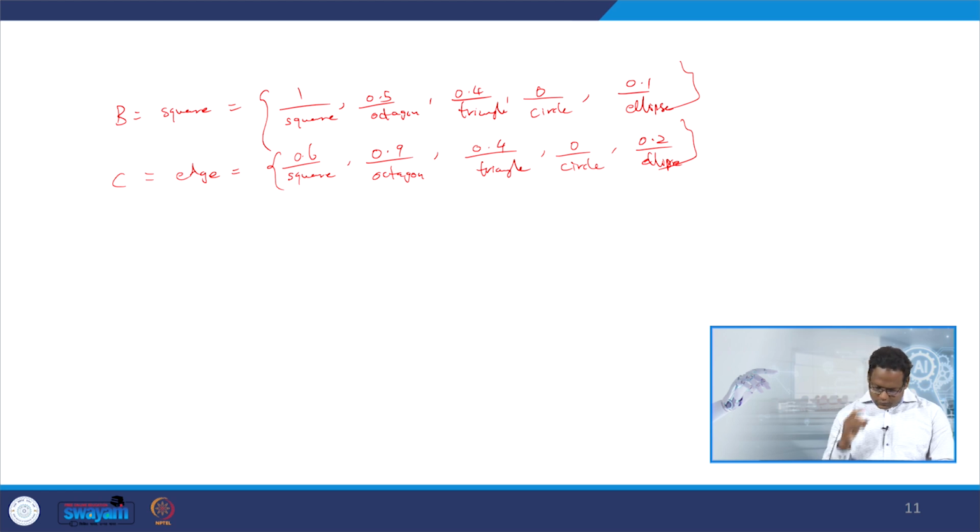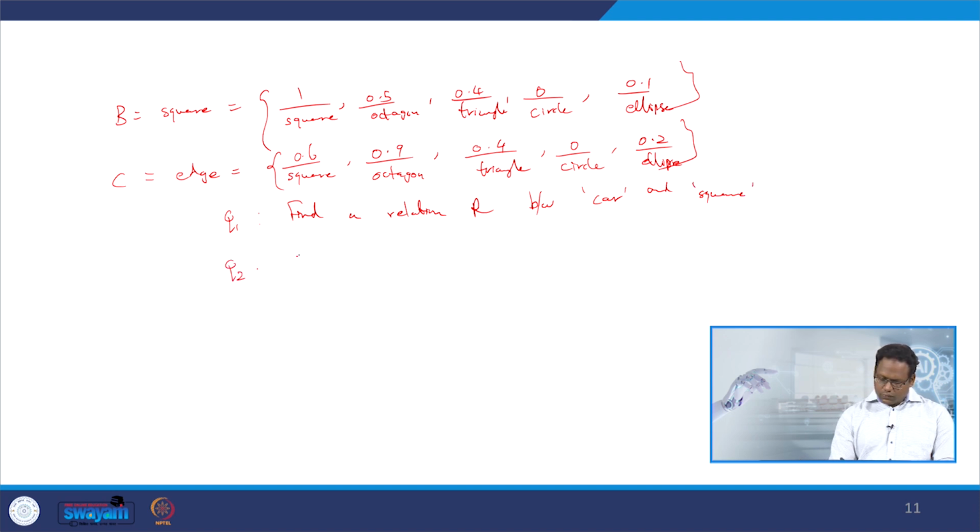Now, let us have the question Q1, find a relation R that is between car and square.